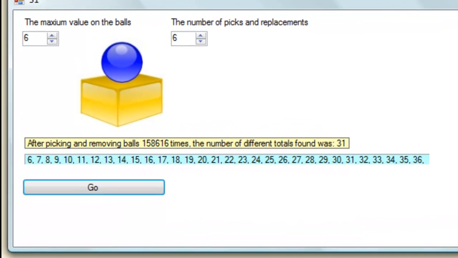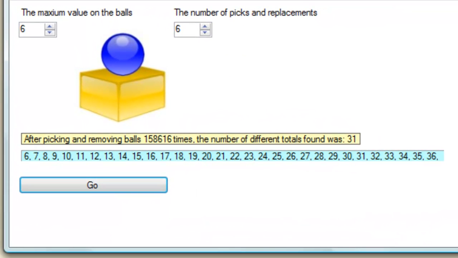Right, I'm going to say go, and it's found that after picking and removing balls 158,616 times, it discovered them all, and the number of different totals found was 31, which is what hopefully you found it should be, and those totals are from 6 through to 36.